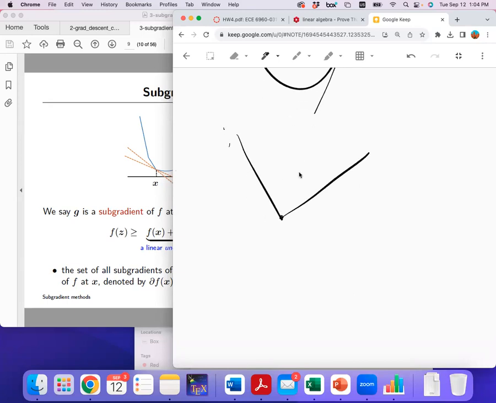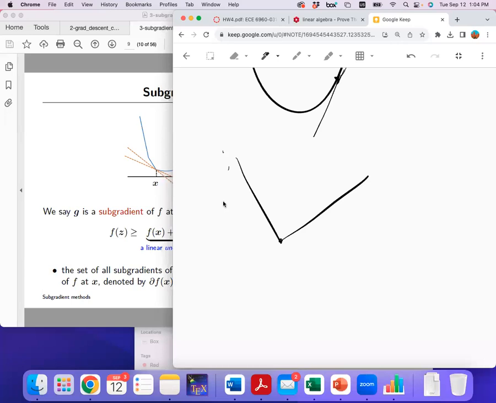But you can sort of find a bunch of different lines that support the entire graph of the function. These are all proper lines that support the entire function. So we collect all the slopes of these lines. We call them the subdifferential of this function at this point.